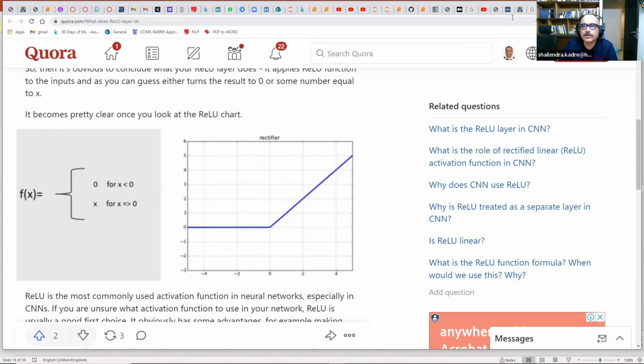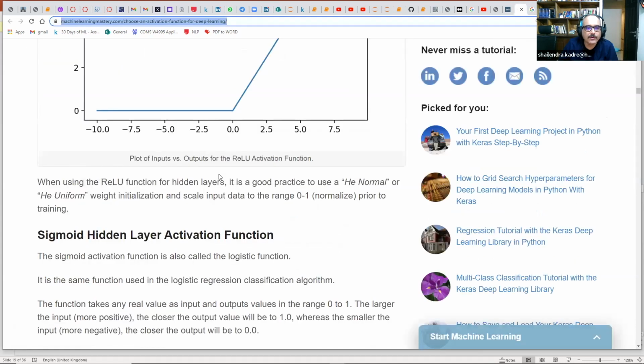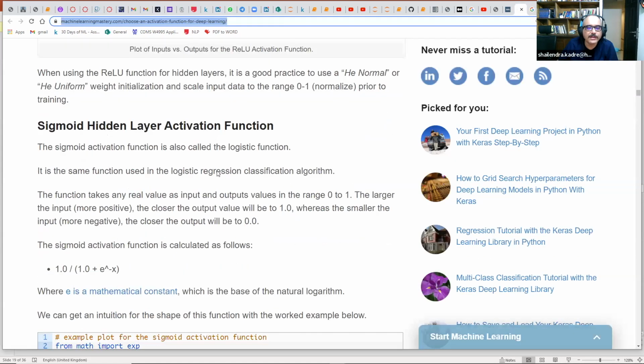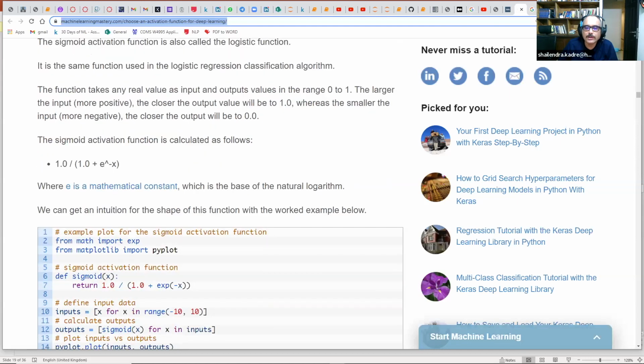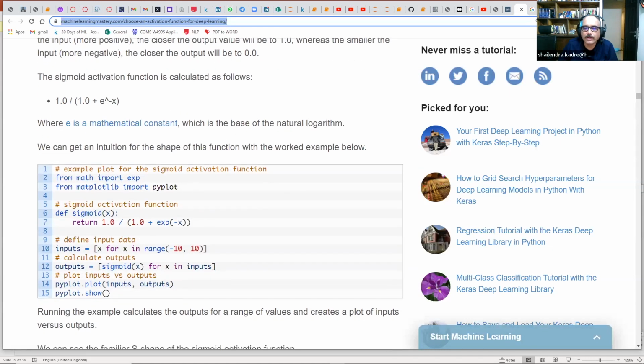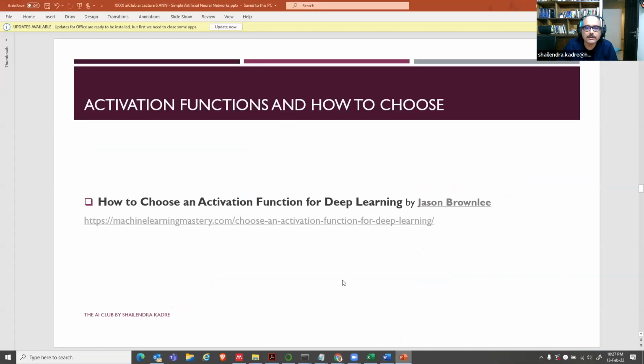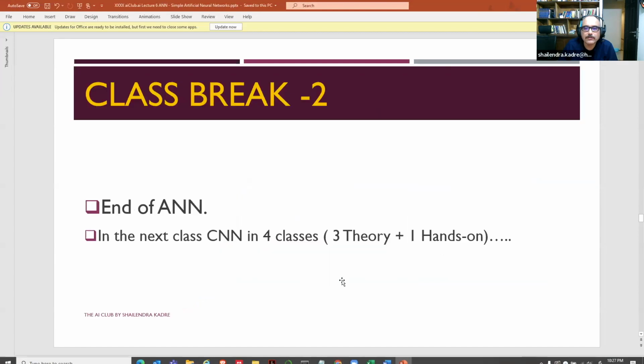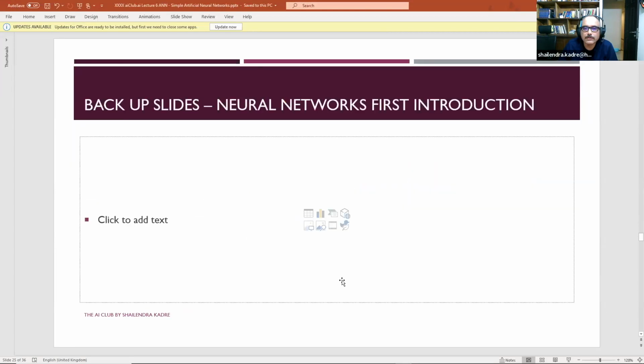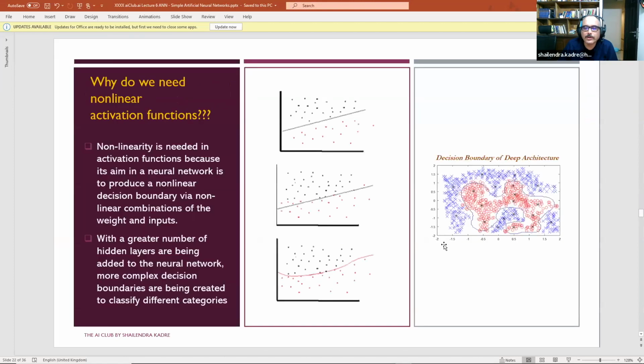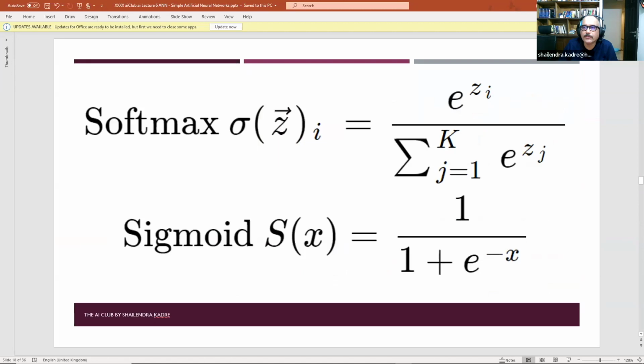ReLU function understood. The next function I want to tell you is sigmoid. Sigmoid I already showed you. Sigmoid equation I will show you again. This is sigmoid: 1 upon 1 plus e to the power minus x. So how does sigmoid look?